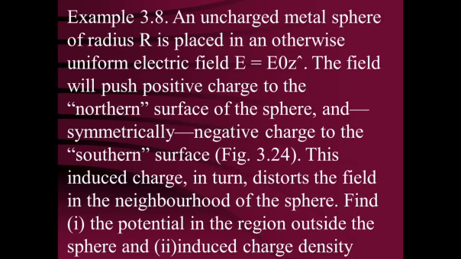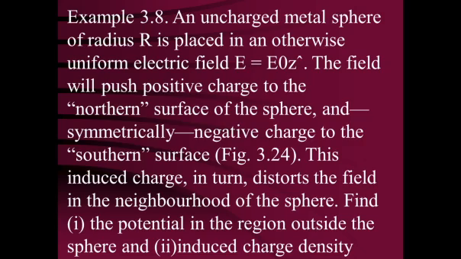An uncharged metal sphere of radius capital R is placed in an otherwise uniform electric field E equal to E0 z. The field will push positive charge to the northern surface of the sphere and, symmetrically, negative charge leaves to the southern surface of the sphere, as shown in figure 3.24.